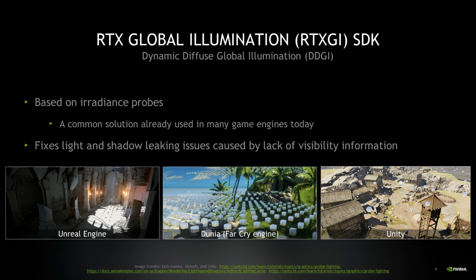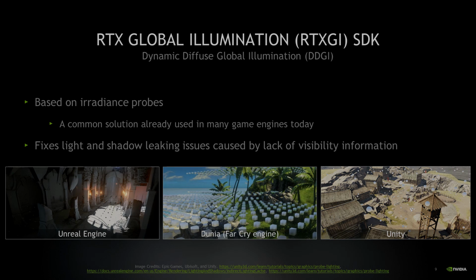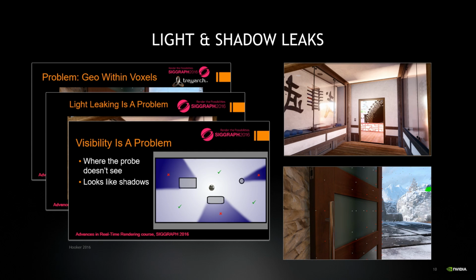In the best case, the quality is excellent, but probes leak light and shadow when sampled away from the probe centers due to a lack of visibility information. This problem is well known and has been talked about for years. If the lighting changes radically near a probe because of a wall, light can bleed inside of a room from the outside sun. If the probe lands inside of a wall, then all it sees is darkness, and shadow can bleed everywhere.